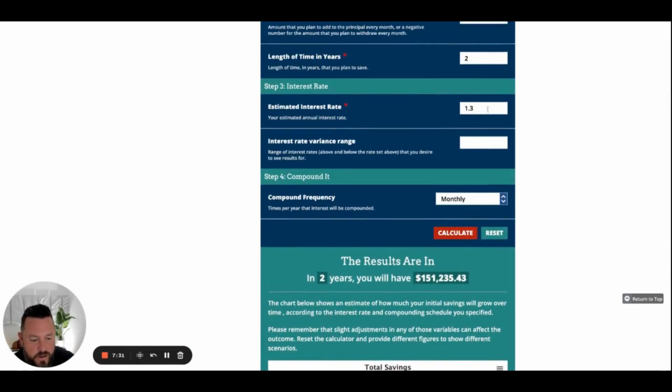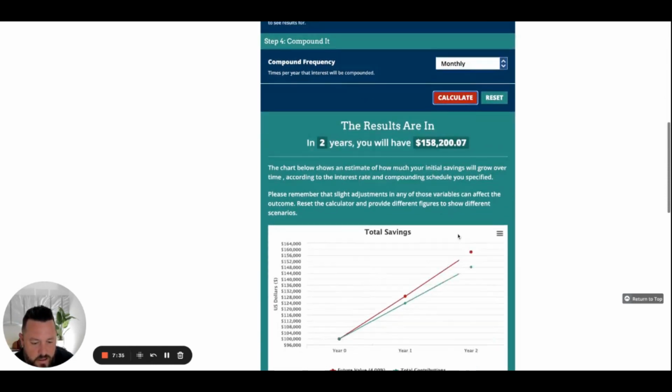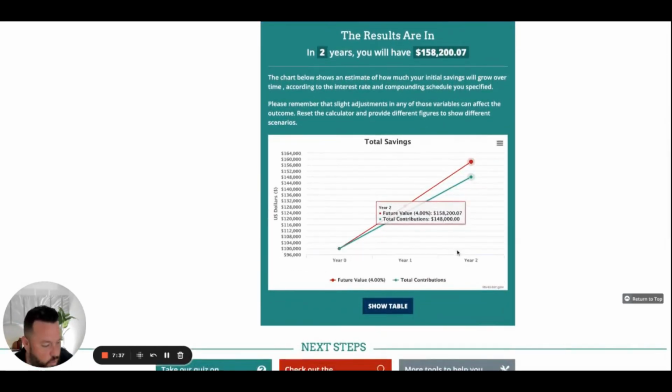Now let's say we increase that to 4%. At the end of 2 years, you'll have 158. So that's a difference of $7,000. Now, that's what you want to look at.